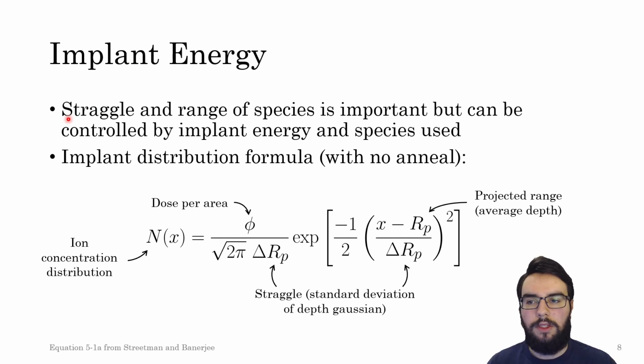Well, let's think about this. The implant energy in species actually determines the straggle and range of the species into the silicon dioxide and silicon, and the distribution is actually given by this equation down here at the bottom, where the ion concentration distribution is given by the dose per area that we found, the straggle, which is the standard deviation of this Gaussian distribution, and the projected range, so how deep it is of an implant on average.